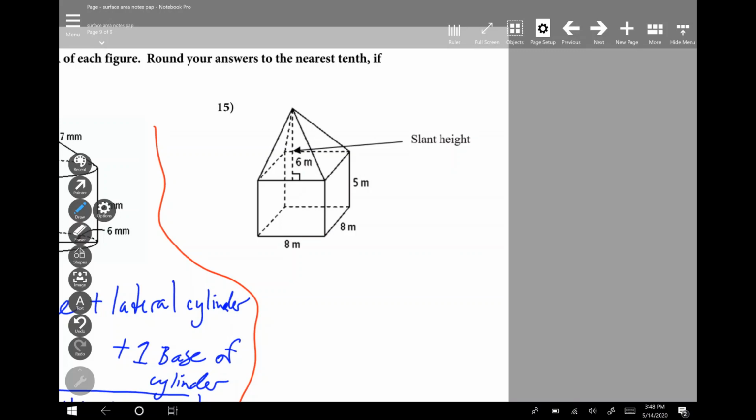This rectangular prism, I notice the base. You can tell it's the base because it's sandwiched between where the pyramid and the rectangular prism are. That's what you have to use as your base, okay? So I notice it's 8 by 8. So my base is a square, all right? So this is a square pyramid up here.